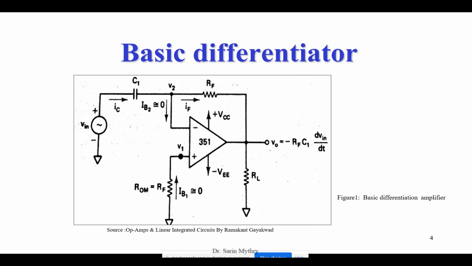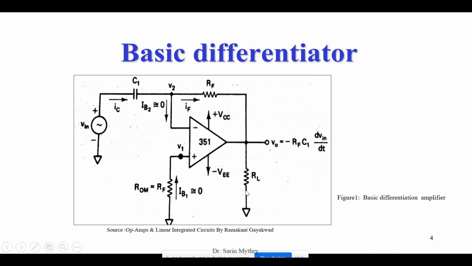Here we are going to find the output voltage, which has to be a differentiation of your input voltage. You differentiate the input voltage and then get your output Vout. So now let us enter into this.